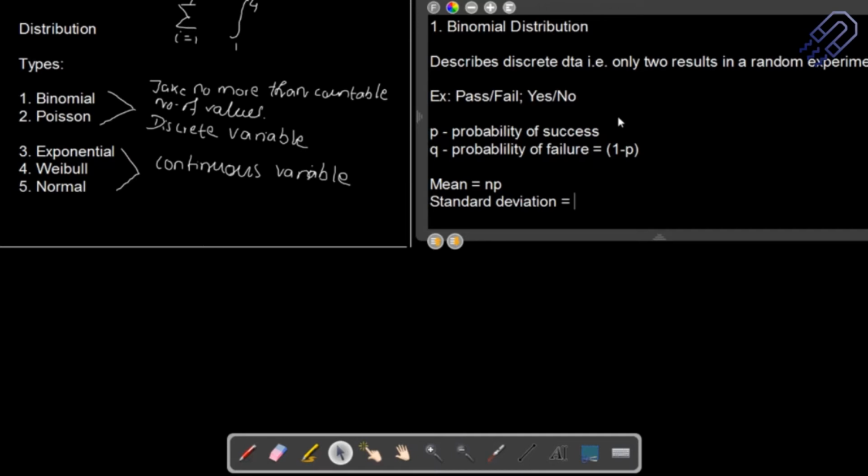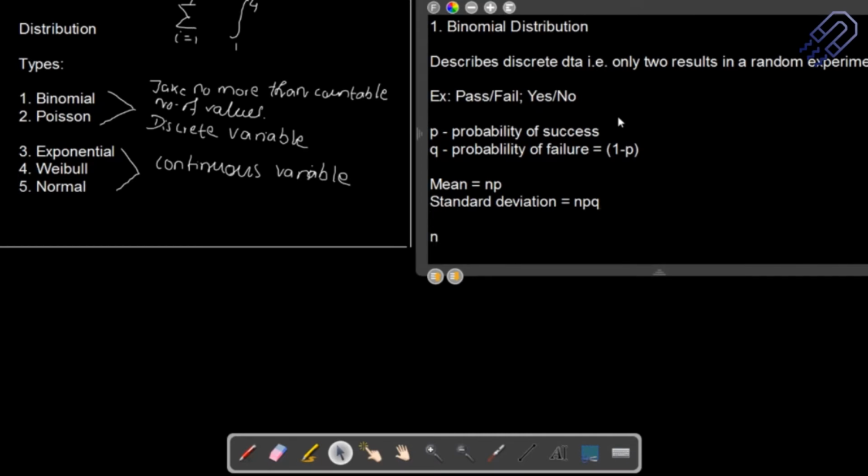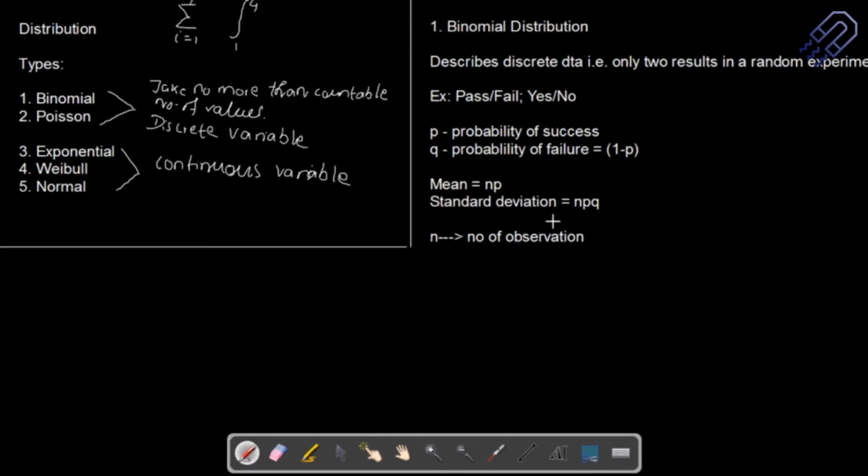Probably make a table of the mean and standard deviation for each distribution. The standard deviation is the root of npq, where n is the number of observations. So please remember these.